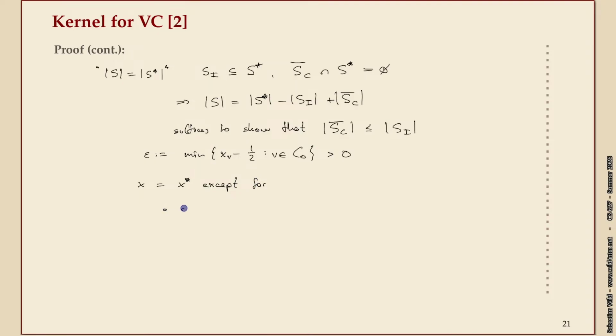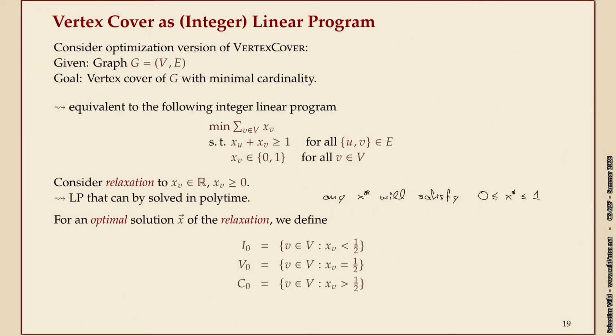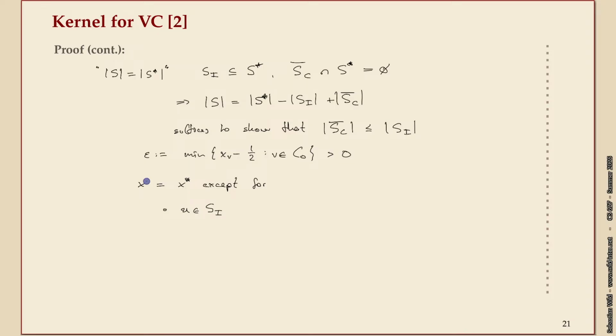So when we have a vertex in Si, let's call this x prime maybe. We set x prime for that vertex to be the old value plus an epsilon.